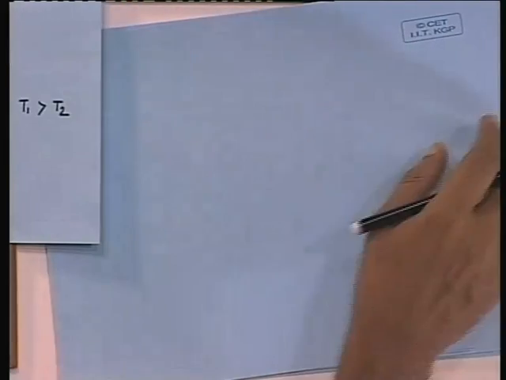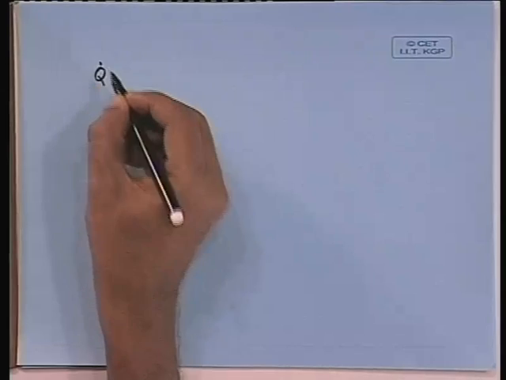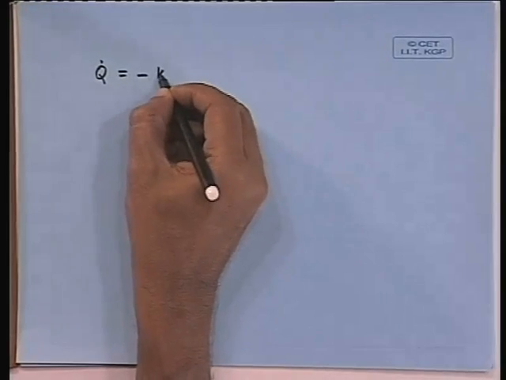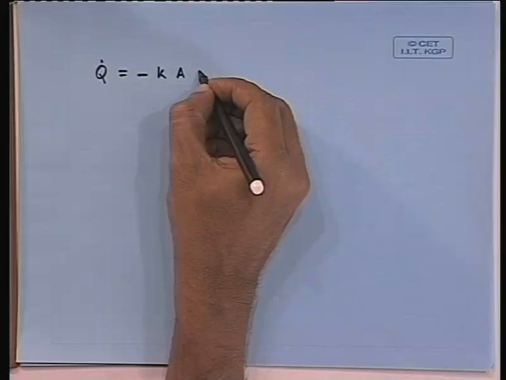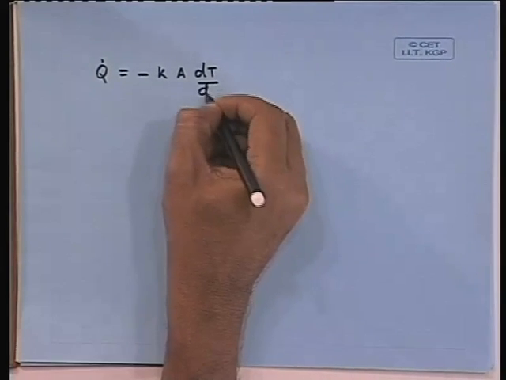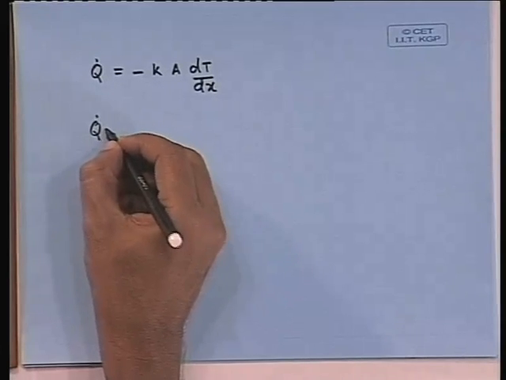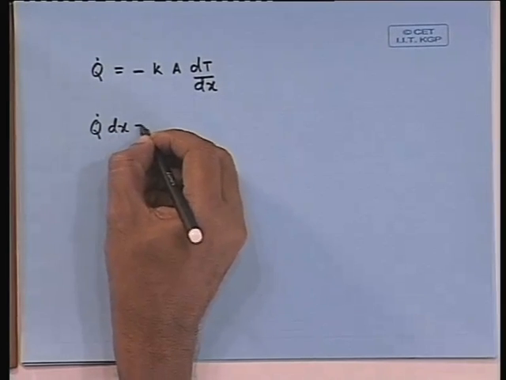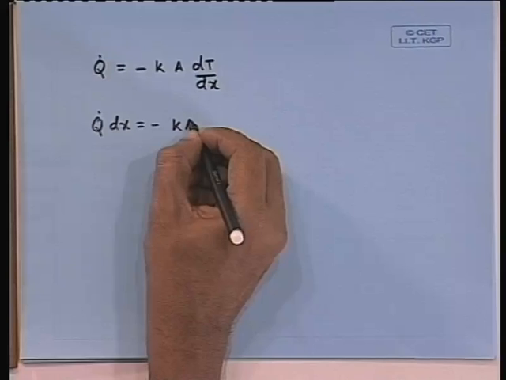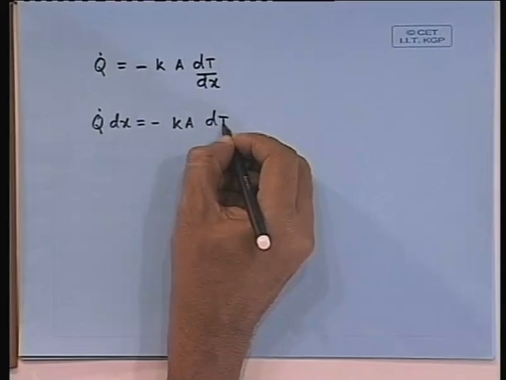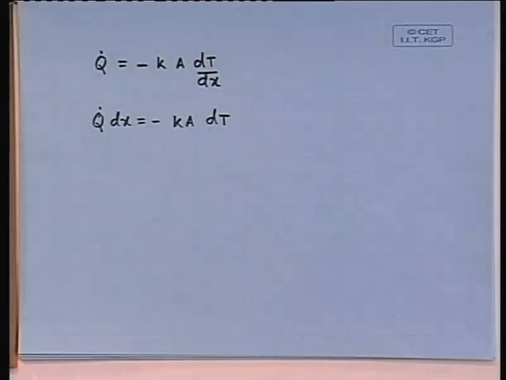How did you get this equation? One can have it like this. The basic equation is Q dot equals minus K A dT/dx. So, Q dot dx is equal to minus K A dT. All right.